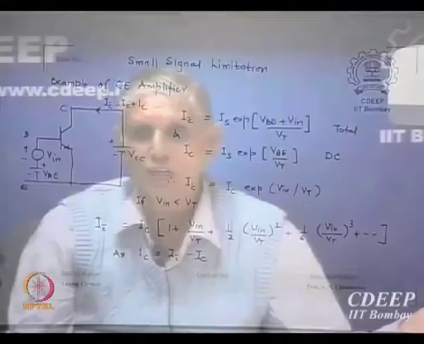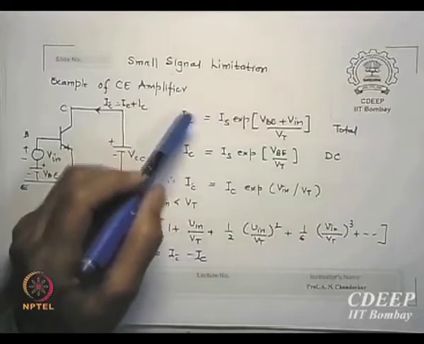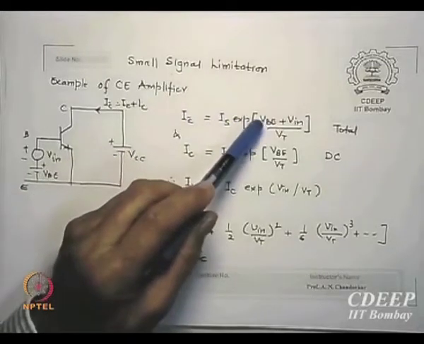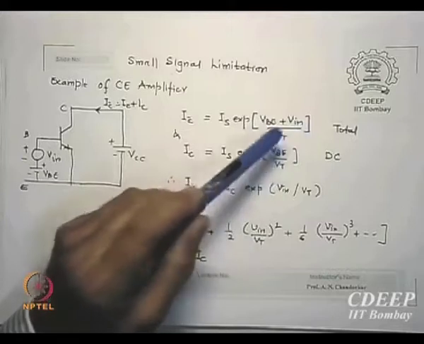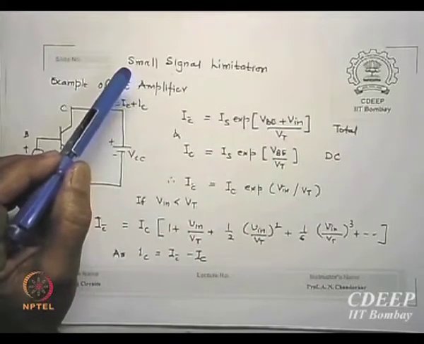This is an NPN transistor. So if I change VB, the actual voltage will be VBE plus Vin because we have added the input signal to the DC value of VBE. Then the total collector current will be IS exponential of (DC plus AC) by KT. Right now my assumption is that the N factor is 1.